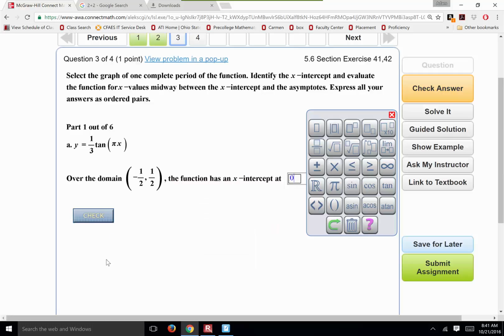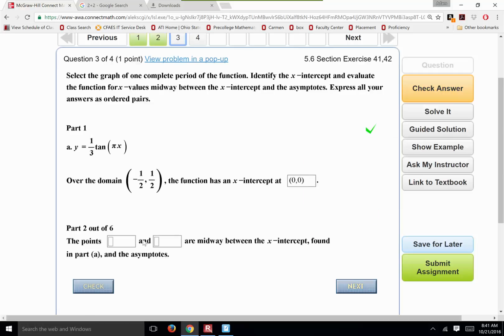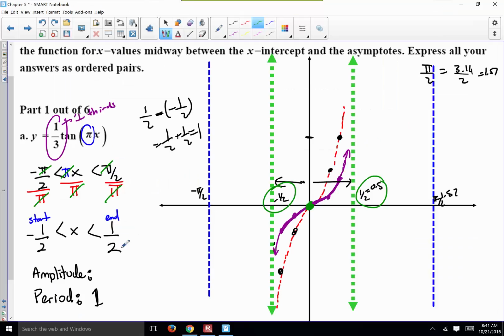Oh, we have a problem. Oh, good point. Thanks, Ashley. So it has to be 2 coordinates. Alright, the points are midway between the x-intercept found in part A and the asymptotes. It just says, between asymptotes and x-intercepts, find 2 points.